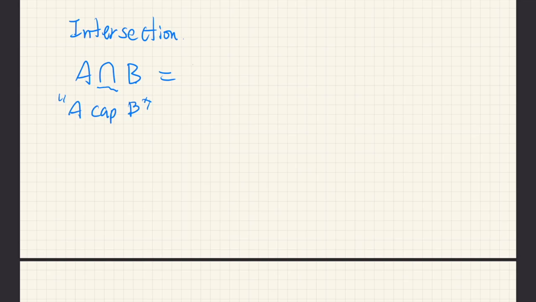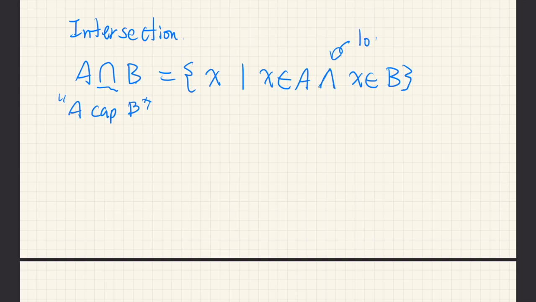And this is defined as this. So it is a set of elements X such that X belongs to A and X belongs to B. Okay, so remember this symbol represents logical AND.